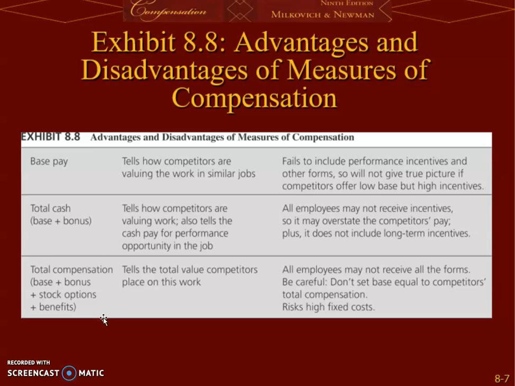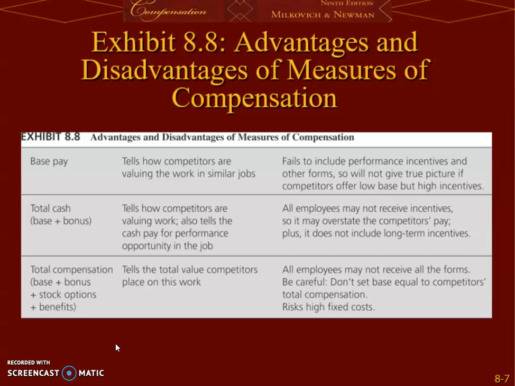What I ask for is what I'm going to get, but I have to know what information is being left out. If I called an organization and said, what's the total compensation for a senior accountant, they might tell me $125,000, but I still don't know how that money is split out based on base pay, total cash, or total compensation.